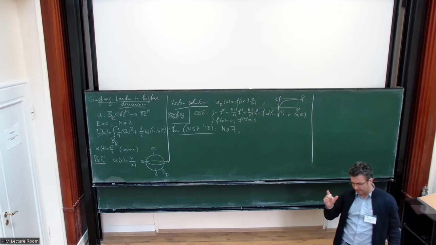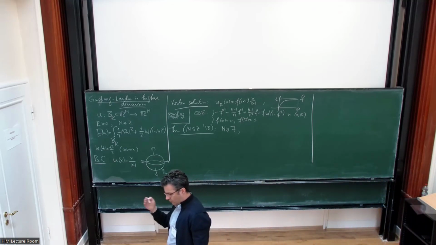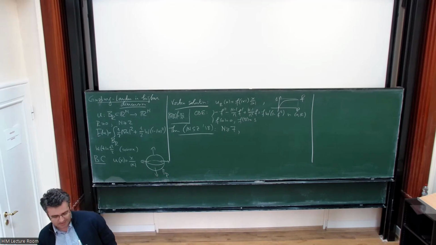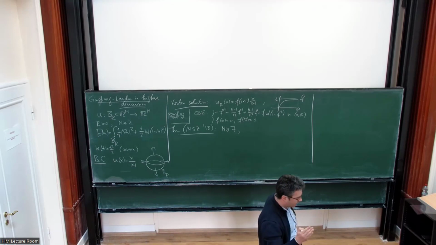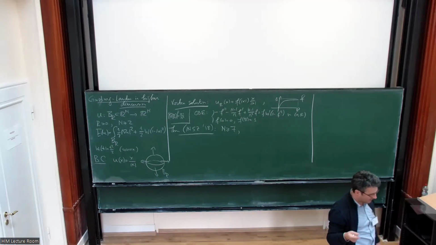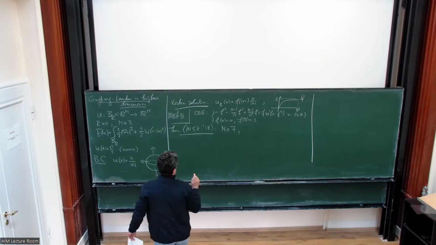The result for R large, which is the difficult one, is due to Pacard and Rivière, and for R small, when you get convexity, that's it, right? But there is a gap where you don't know what's happening.